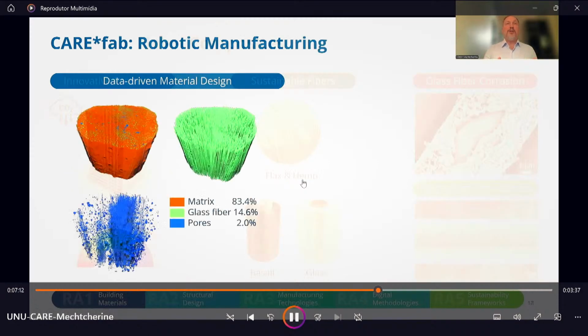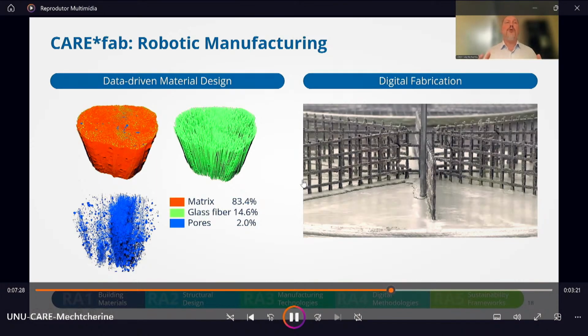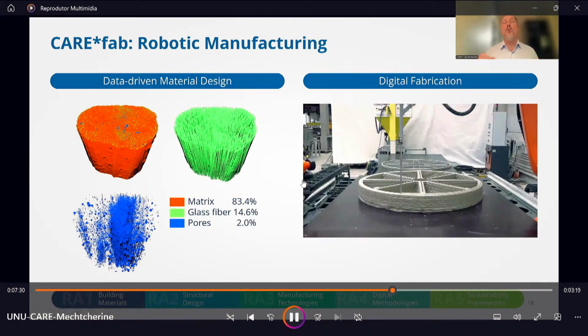Advanced microstructure quantifications and data-driven material designs will enhance the resilience of these novel fiber matrix combinations while minimizing the use of raw materials. Digital fabrication techniques will allow the prefabrication of elements with complex geometries.